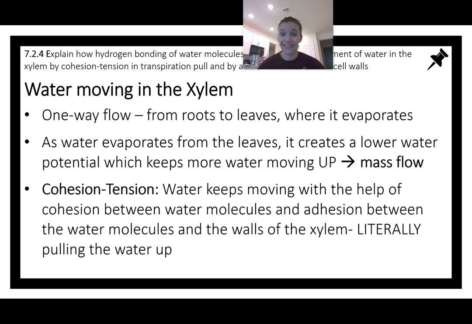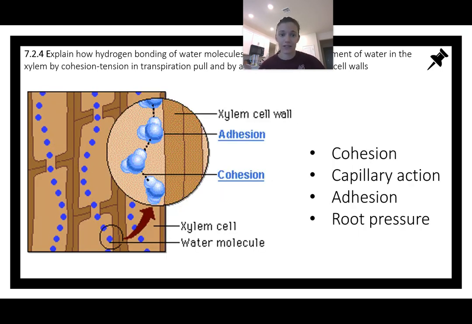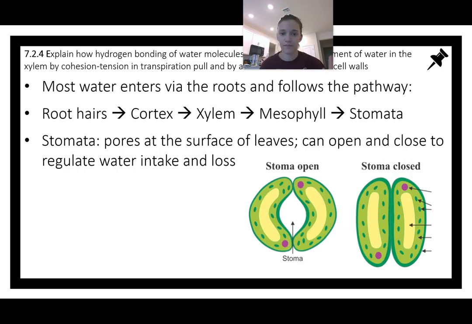Water also adheres really well to lignin. So the lignified cell walls and adhesion is helping as well. So we have cohesion, we have capillary action, adhesion, and then there is some pressure in the roots too. So just properties of water, hydrogen bonds, water is getting pulled up. It works.